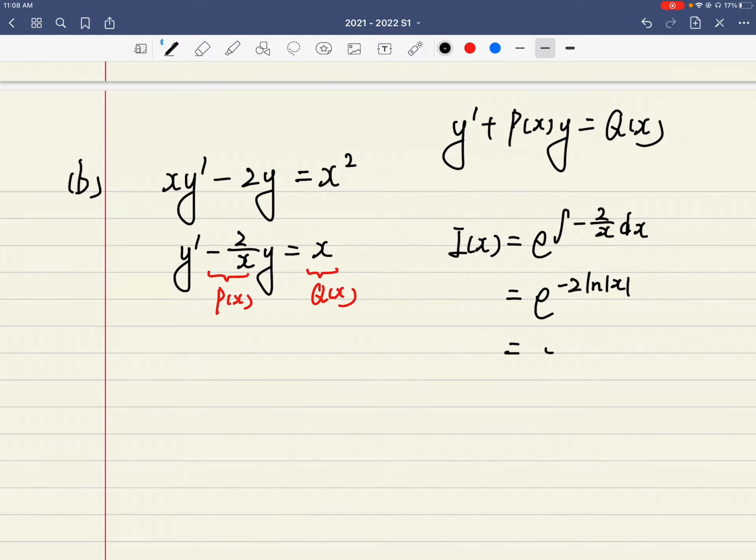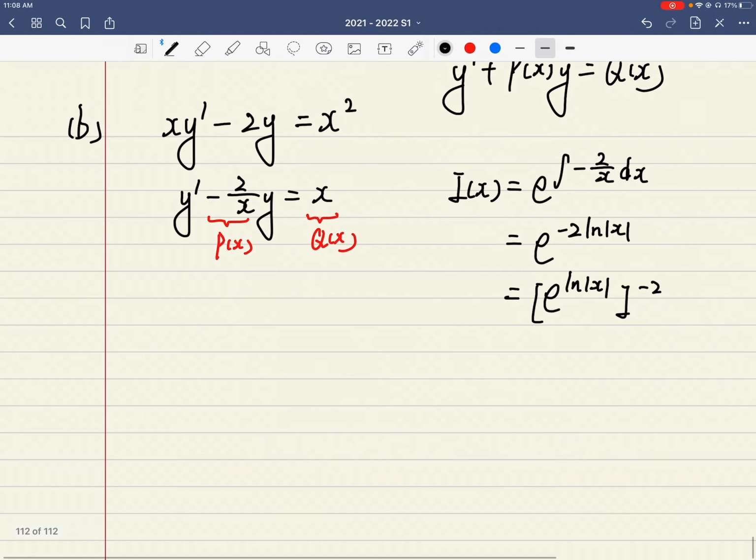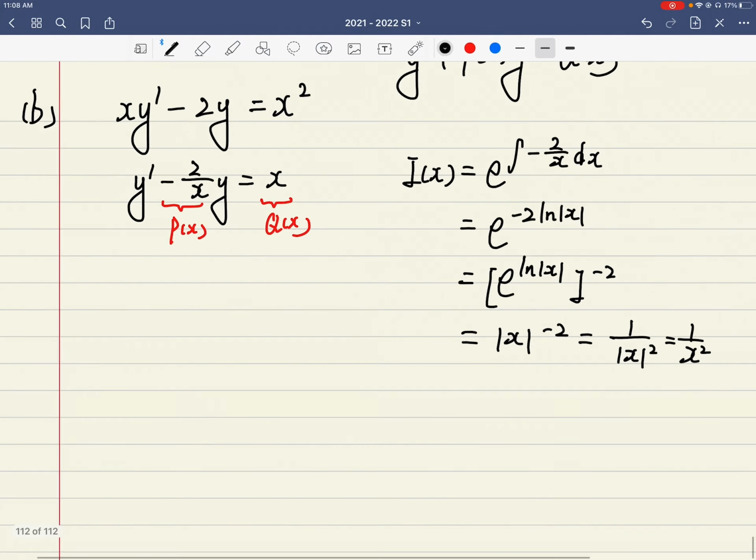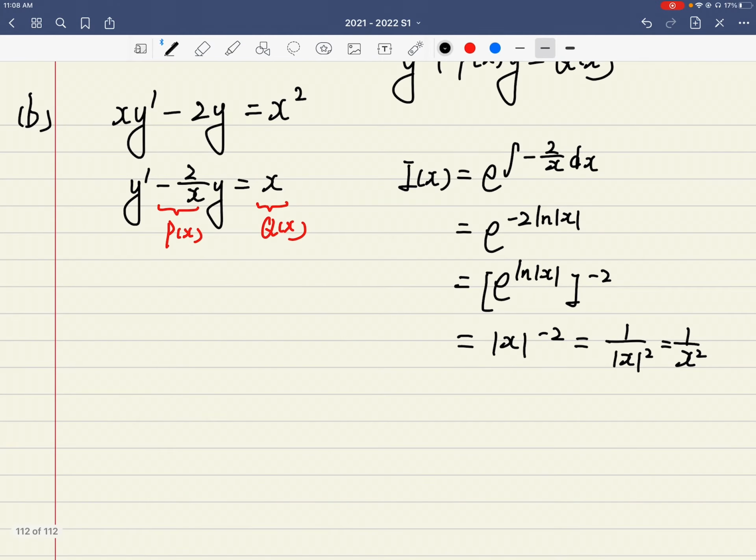Then e to the power of ln absolute value of x, and then to the power of negative 2. So e to the power of ln anything, it will just be the absolute value to the power of negative 2. So it's just 1 over x squared. Okay? It'll be just 1 over x squared.